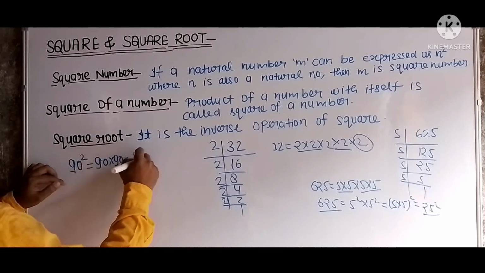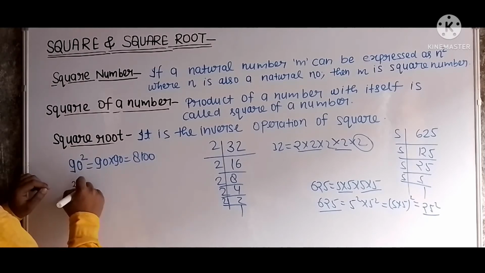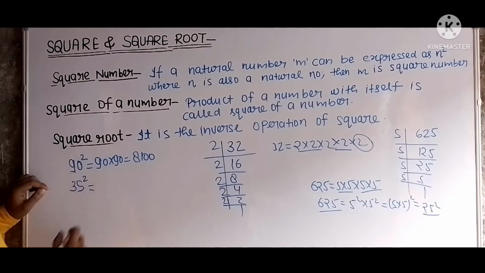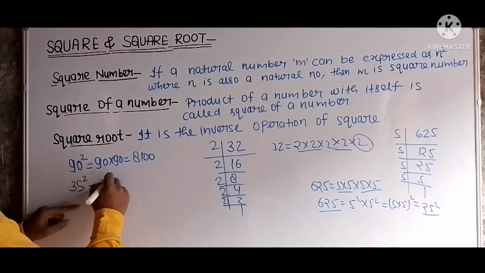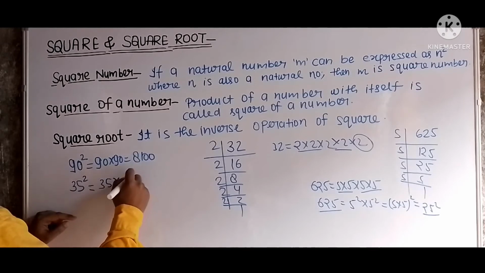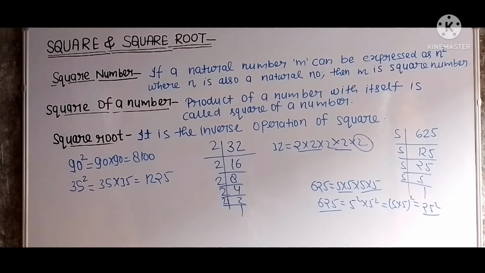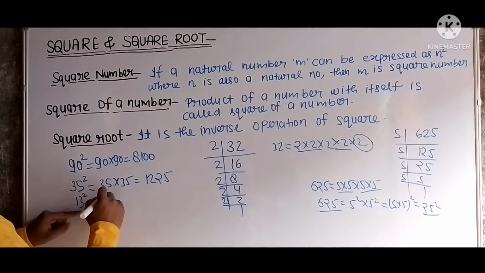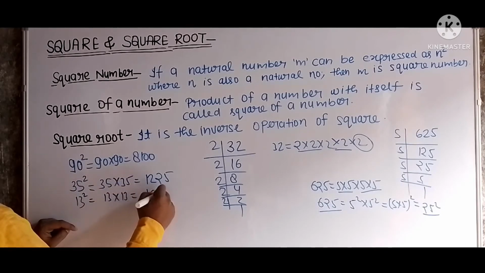Now if someone asks you to find the square of 35, then write 35 as 35 power 2 and then multiply 35 into 35, you get your answer as 1225. If someone asks you to find the square of 13, then write it as 13 square, then 13 into 13, here you get 169.